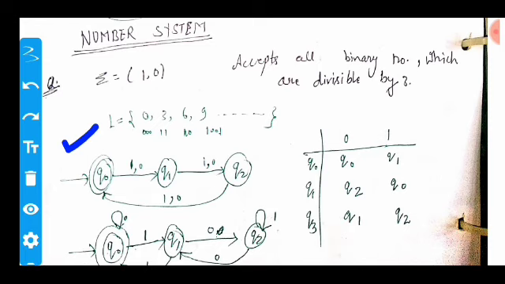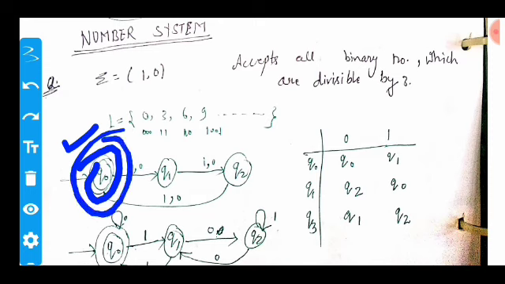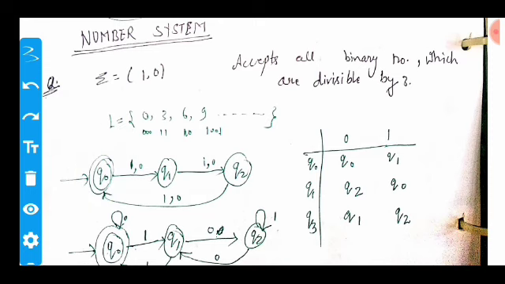In the case of any divisibility problem, the initial state is your final state. So here when we give the input 1, 0, it moves to the next state Q1, and at the Q1 state when we give 1, 0, it moves to the Q2 state, and when we give 1, 0 as an input symbol from the Q2 state, it goes to the initial state, which is your final state.